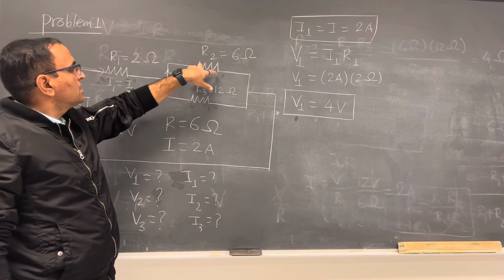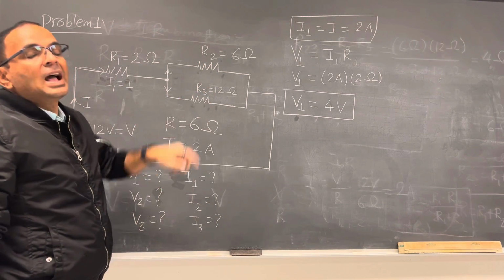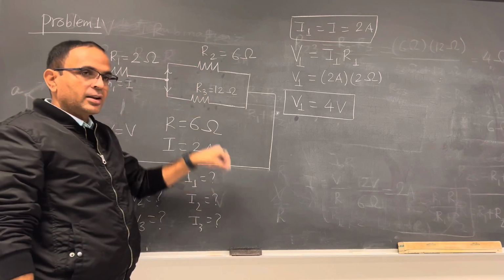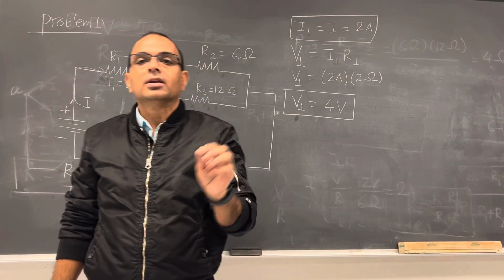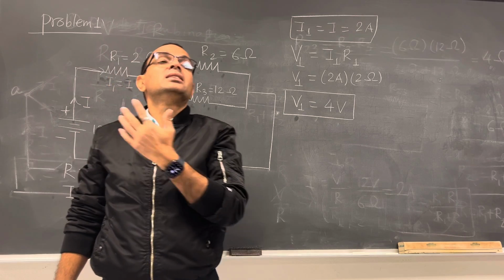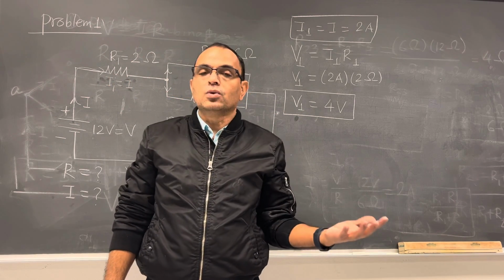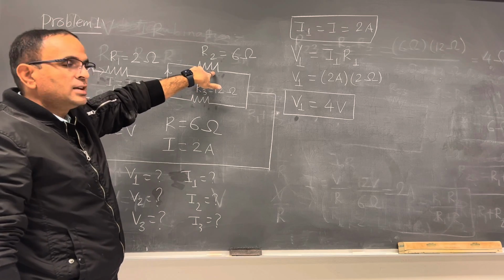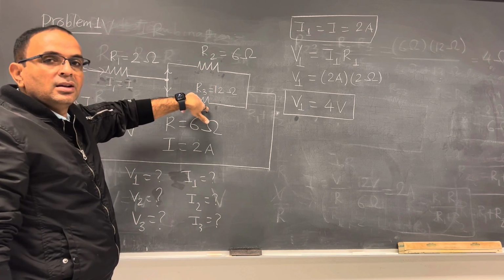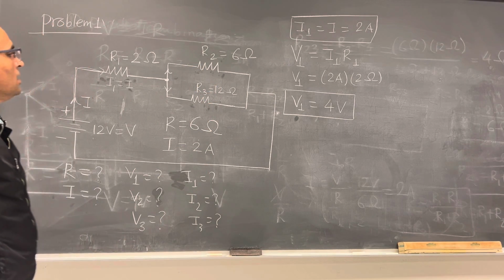But look, this voltage here and the voltage there are equal because they are in parallel. I mentioned that if two or more resistors are in parallel, the voltage drop across each resistor is equal. So if I can calculate this potential difference, it is also equal to this. So how can I calculate it?